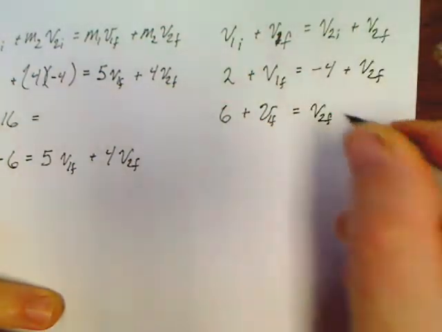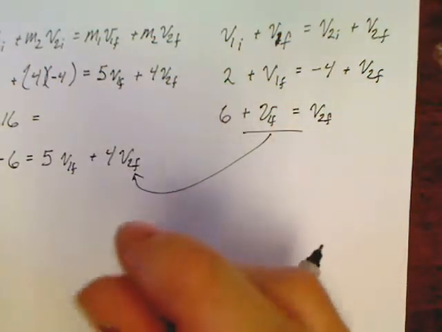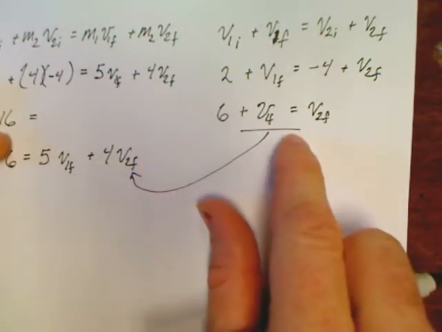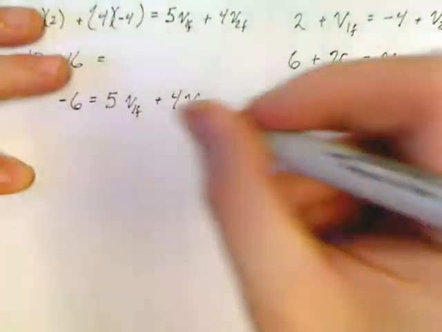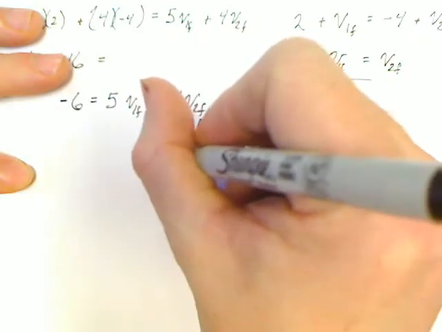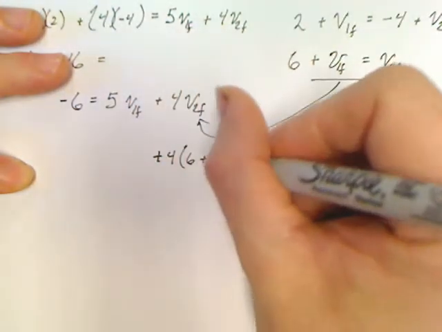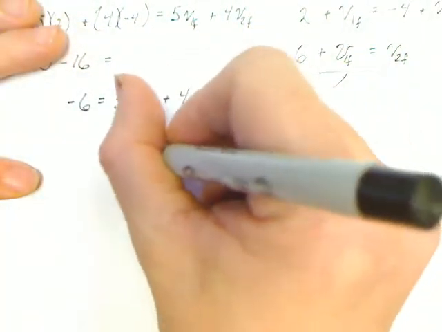And just like I did in the other example, I'm going to plug that in for V2F. Make sure you distribute this time because I've got a 4 in front of this V2F. So it's going to be 4 times this. So in other words, I'm going to have plus 4 times 6 plus V1F in there.